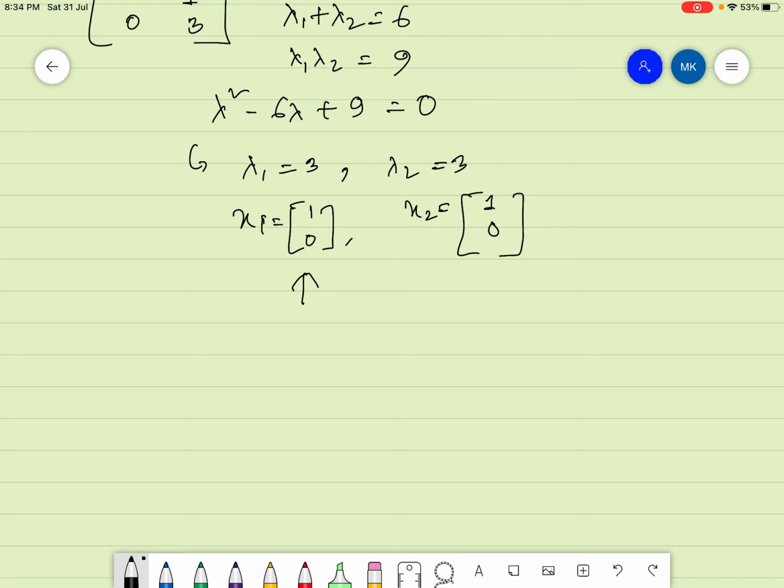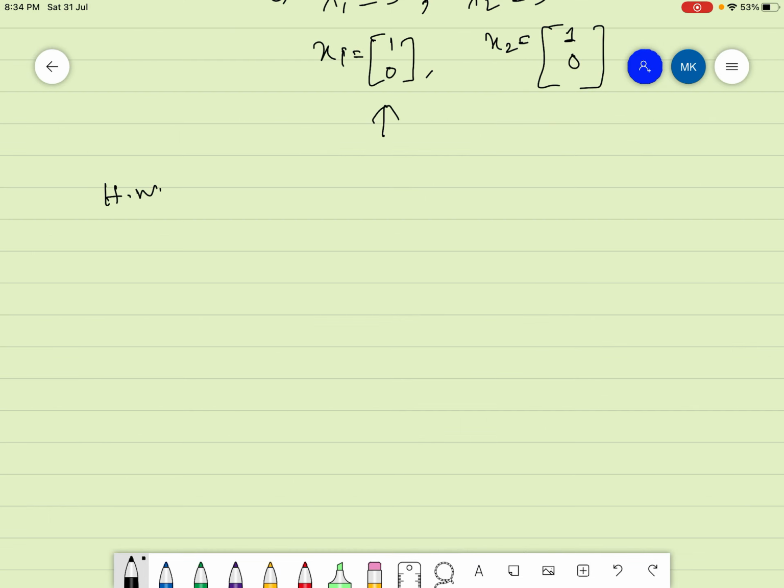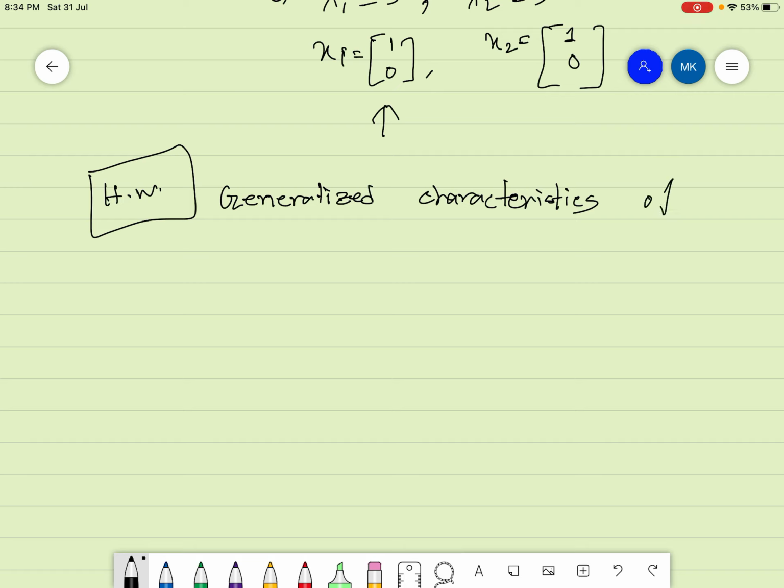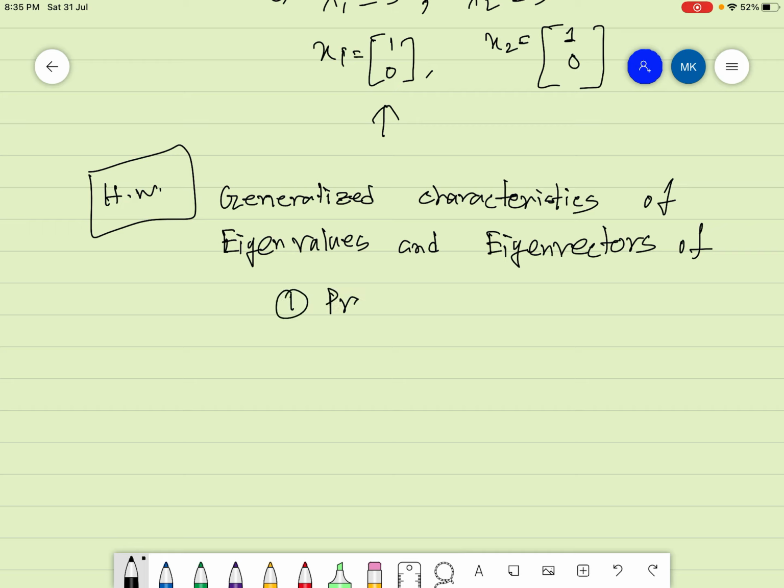Okay. So you have one homework: you have to find the generalized characteristics of eigenvalues and eigenvectors of projection matrices.